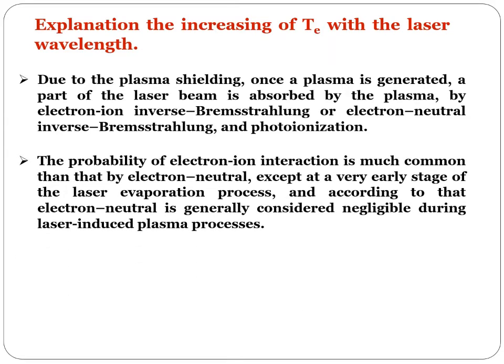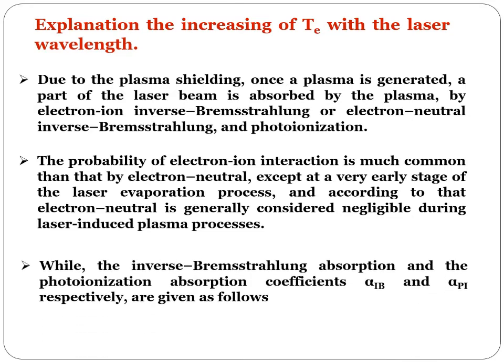The probability of electron-ion interaction is much more common than that of electron-neutral, except at the very early stage of the laser evaporation process, so electron-neutral is generally considered negligible during laser-induced plasma processes, while the inverse Bremsstrahlung absorption and photoionization coefficients, alpha IB and alpha PI, can be given as the following.